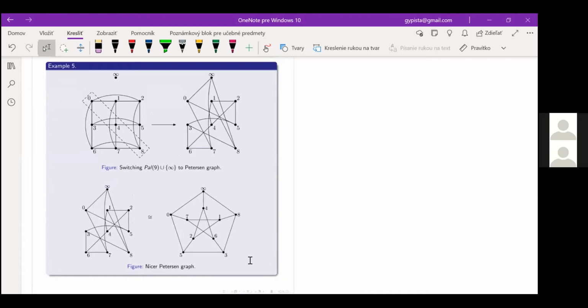I am not cheating, you can see that this is really the same graph, but in another drawing.